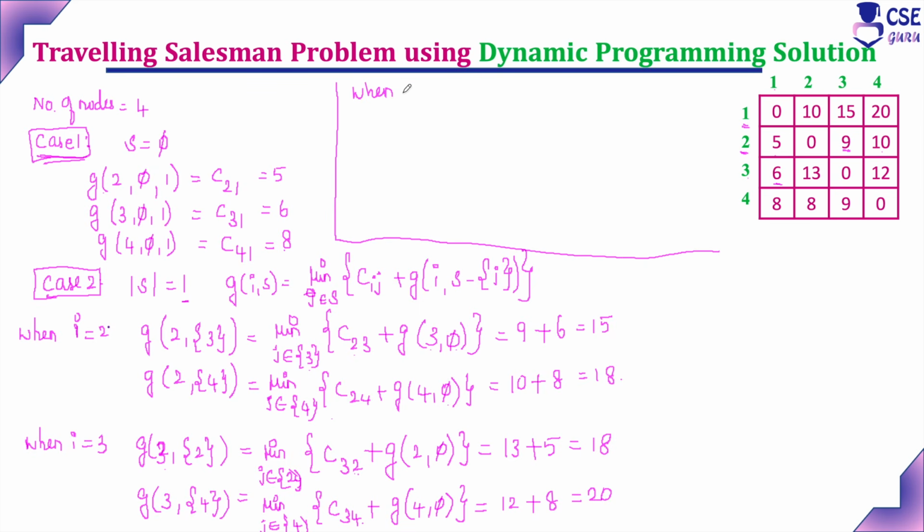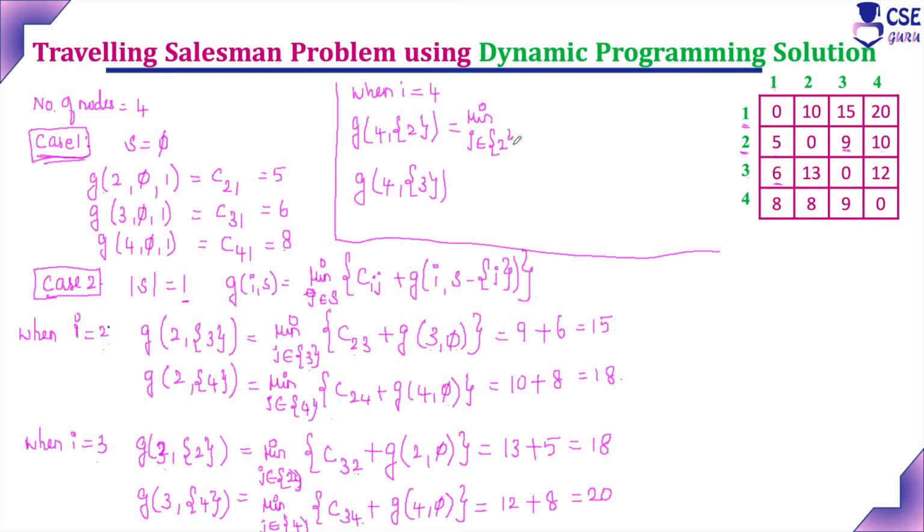Similarly, when I is equal to 4, after visiting 2 you can visit 3 or 4. After visiting 3, you can visit 2 or 4. The fourth vertex to be visited, in the sense, after visiting 4, you can consider G of 4 where the next vertex to be visited is 2, or otherwise G of 4 where the next vertex to be visited is 3. So here, minimum of J belongs to, what is the next vertex you are going to visit?